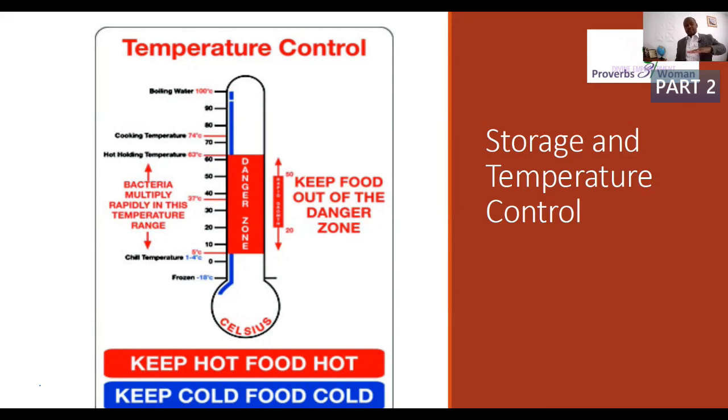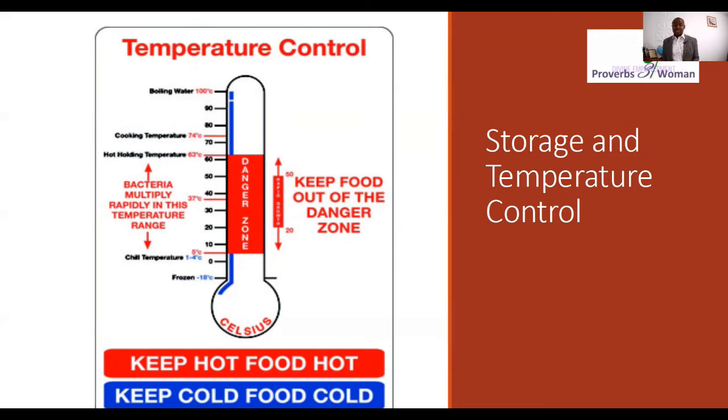And we go up 80, 90, and we go up to 100 degrees Celsius. That we call the boiling point, 100 degrees Celsius. Now remember, at this temperature, most bacteria die. But some of the resistant bacteria are very stubborn, or we call toxins and spores. They normally don't die.